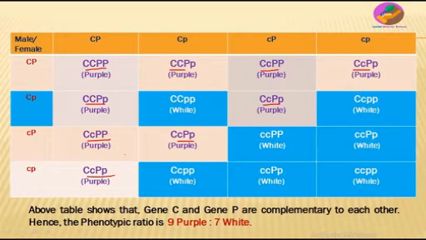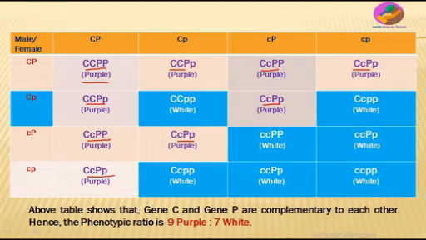So all these have both the alleles, it may be 2 or 1 allele of both genes. If they are dominant, they will give rise to the dominant phenotype, that is purple. All these are different combinations of alleles, still they will produce one type of phenotype, that is purple flowers.